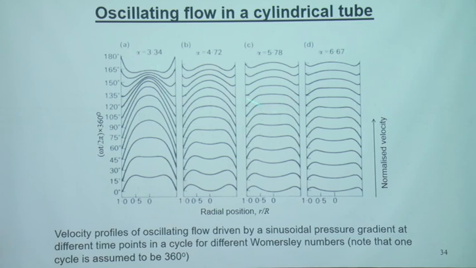You can see already how the velocity profiles change with Womersley number. Typically these are M-shaped velocity profiles, and then these are W-shaped. This one is fairly close to the one that I showed you in the animation. And then as you increase alpha, the velocity profiles become slightly flatter.